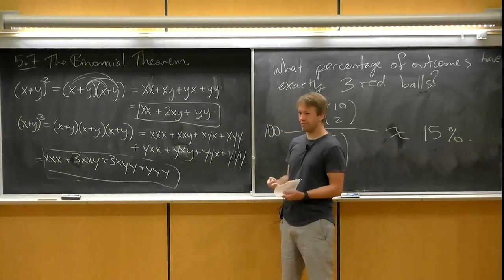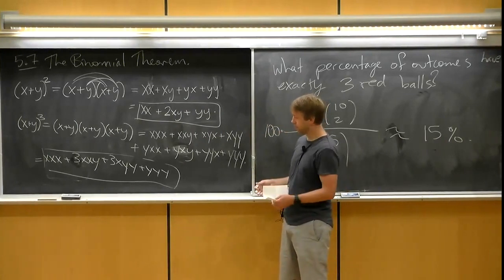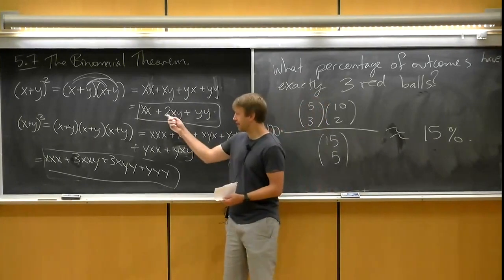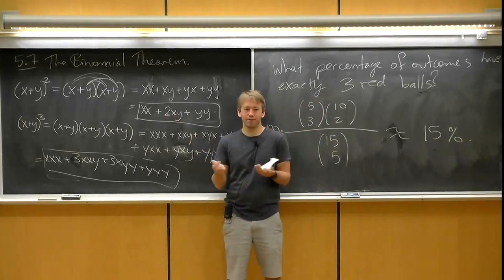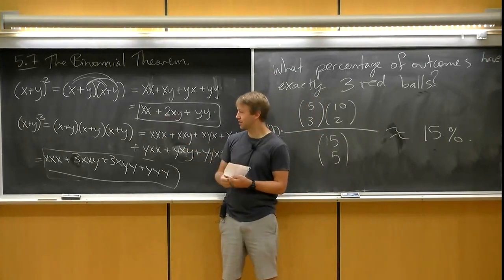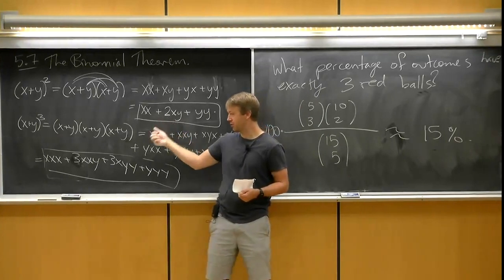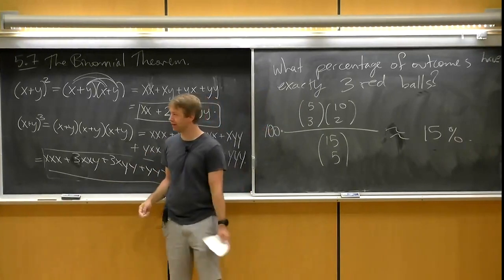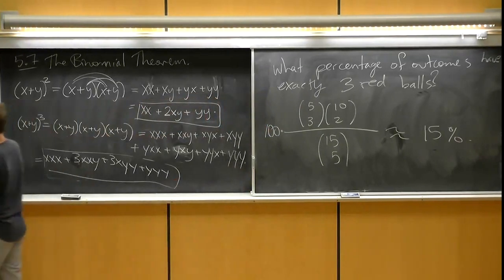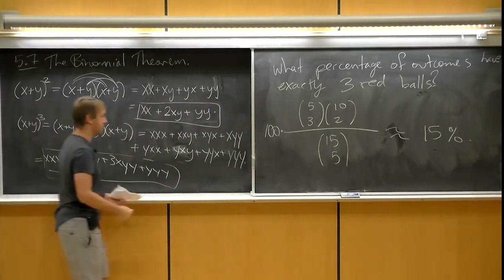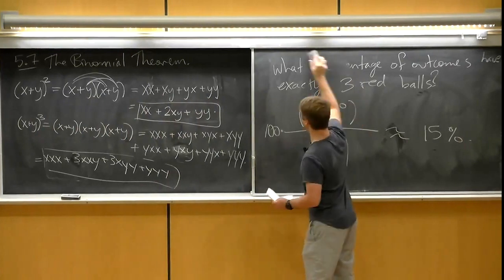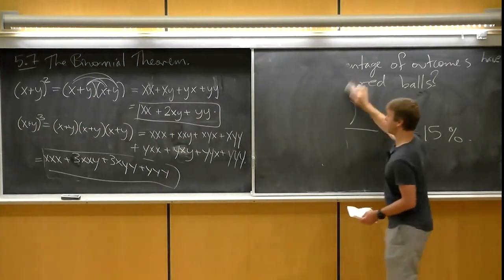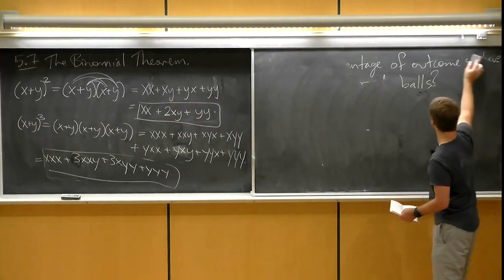Something I want to tell you about is, when I'm doing this, it seems like these numbers 2 and 3 come out of nowhere. But they don't actually come out of nowhere. There's a good reason for those numbers. Before I tell you the general principle, let me just show you.